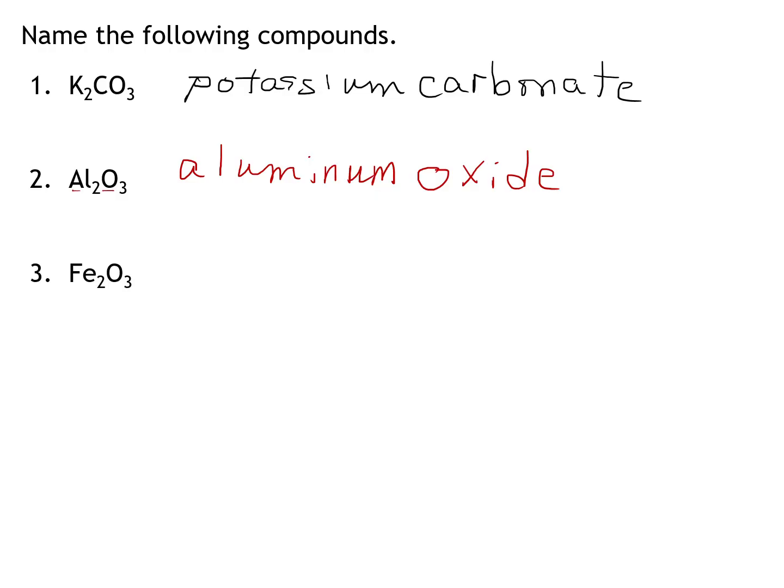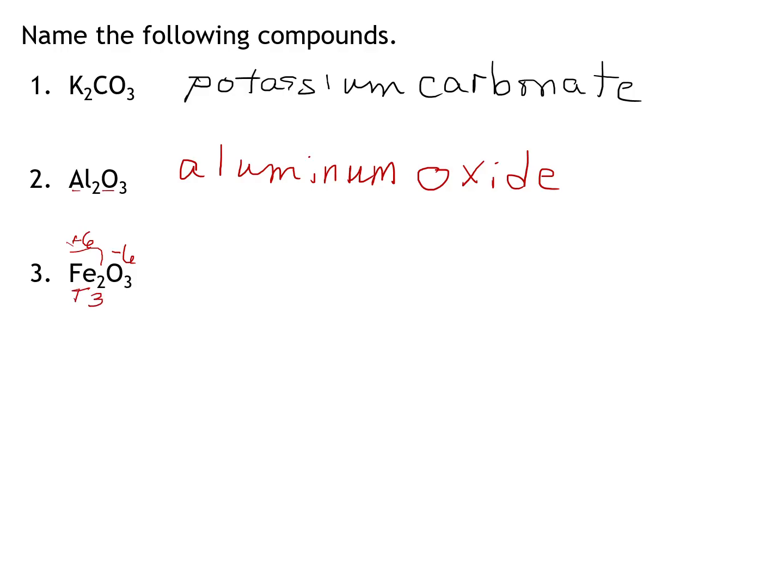Then we have Fe2O3. So iron is a transition metal, so that means we've got to figure out what the oxidation number is going to be. So oxygen's -2. We have 3 of them. So that's going to be a total of minus 6. That means the Fe2 is going to be plus 6, but there's 2 of them, so the iron is plus 3.